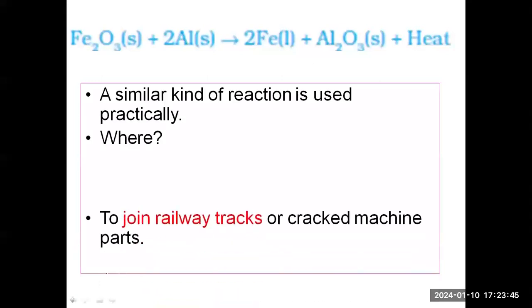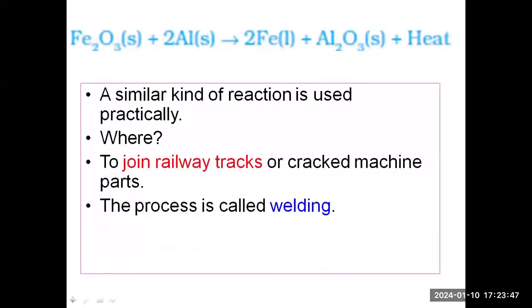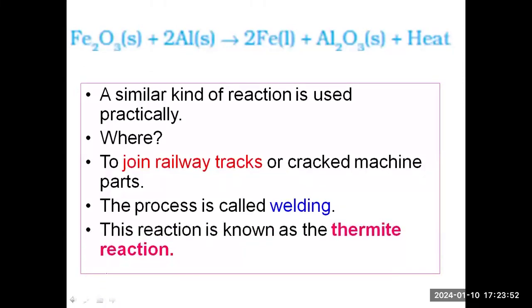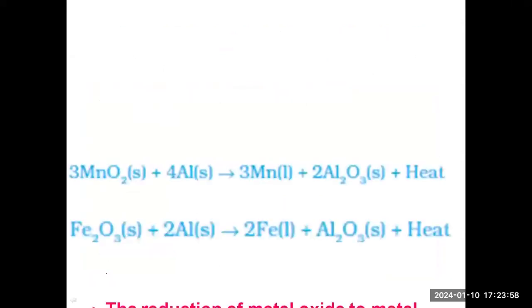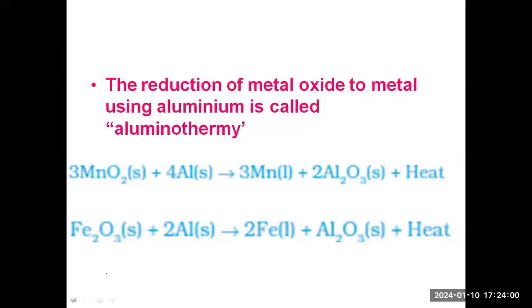So this is one of the uses of this reaction. This is called the thermite reaction. Because here aluminium is used as a reducing agent, this reaction is called aluminothermy. The reduction where aluminium is used is called aluminothermy.